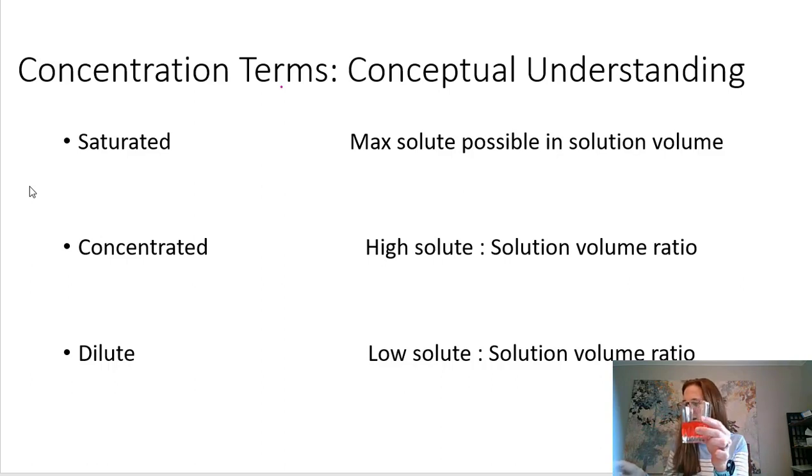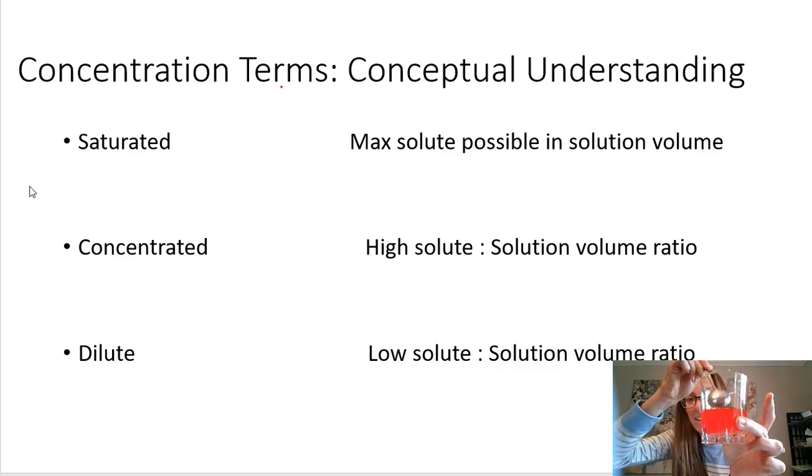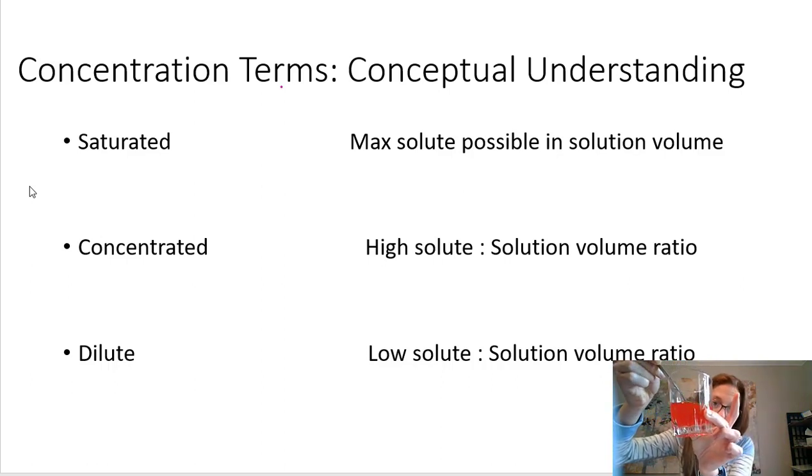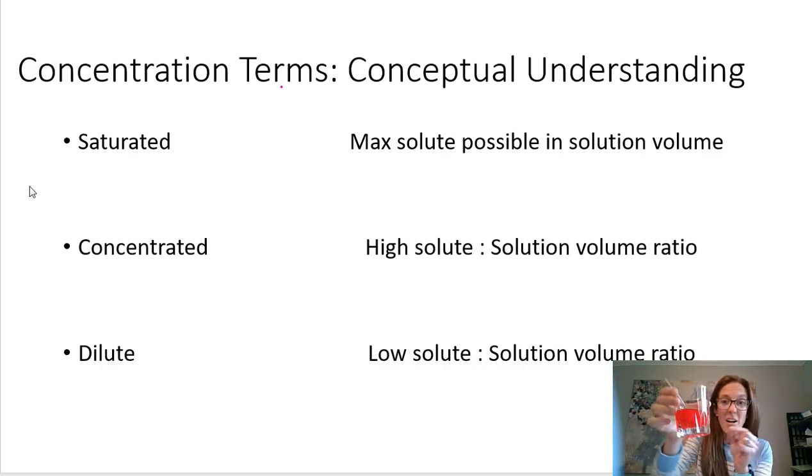However, let's say that I add even more. Notice that my color got quite darker, and I even have some grittiness in the bottom where it's not dissolving. So at this point, I would say I have a saturated solution.